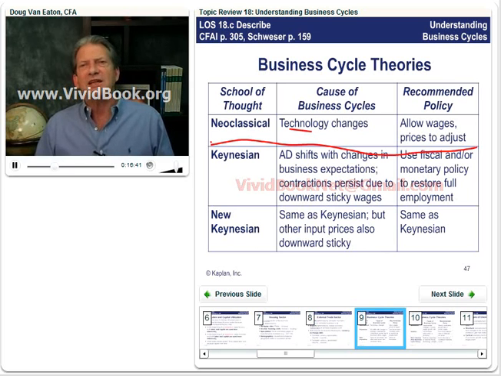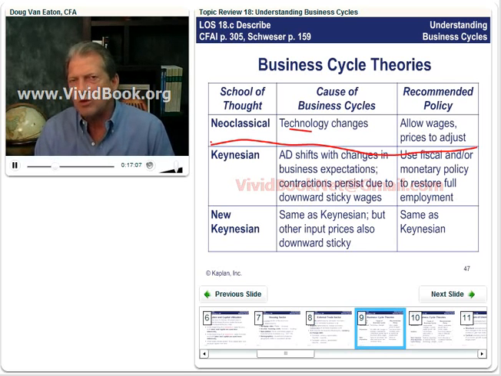What's the recommended policy? Well, the recommended policy under Keynes was to use either fiscal or monetary policy, either government spending or growth of the money supply, to stimulate the economy, shift aggregate demand, and get back to full employment. And the new Keynesians say the same thing, except they said, well, there were some other input prices that for various reasons are also downward sticky.